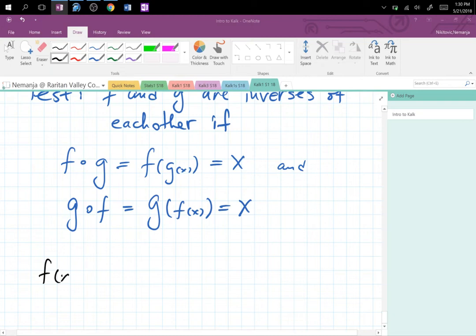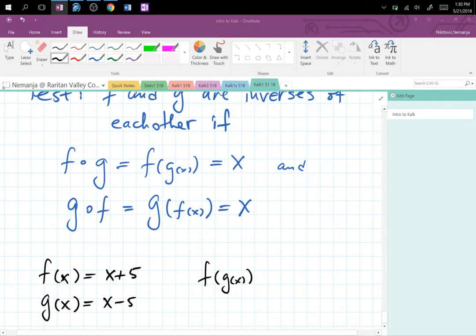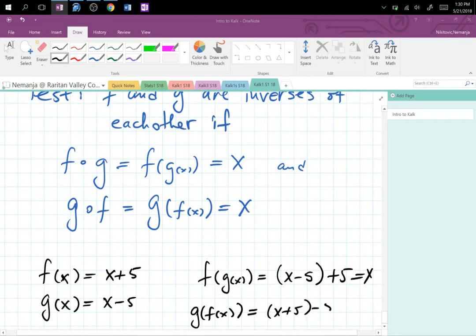We had our f to be x plus 5, and we had our g, which is the inverse function, to be x minus 5. When you do function composition, you replace every x of f with g. So that's x minus 5 plus 5, and you see that's x. Or if you try g of f of x, x gets replaced, so it's x plus 5 minus 5, and that's x again. So either way you try it, it's going to be x at the end.